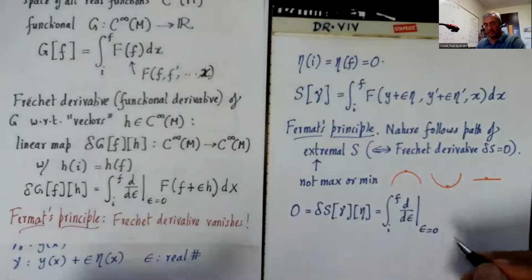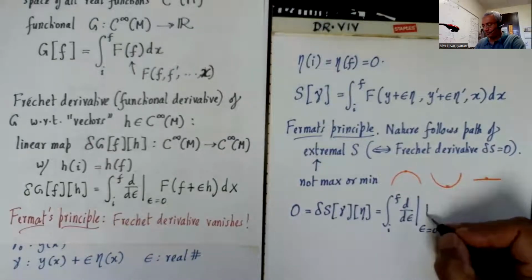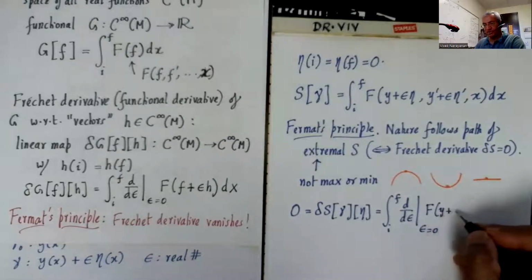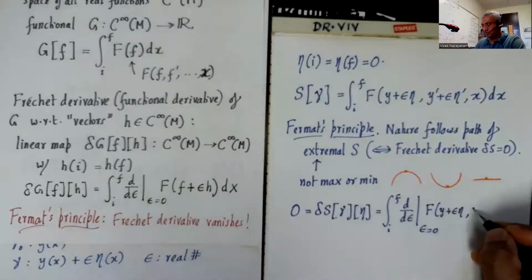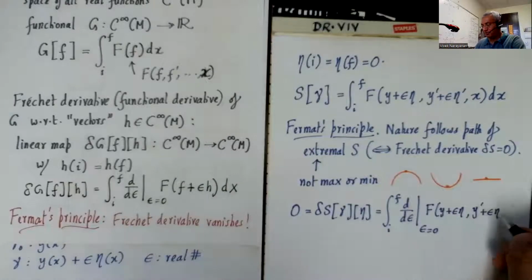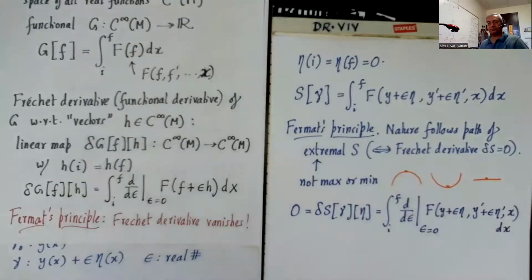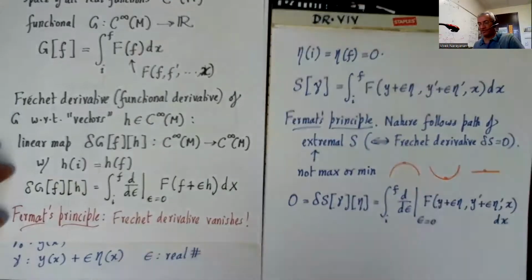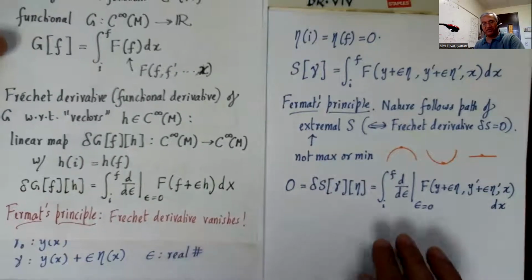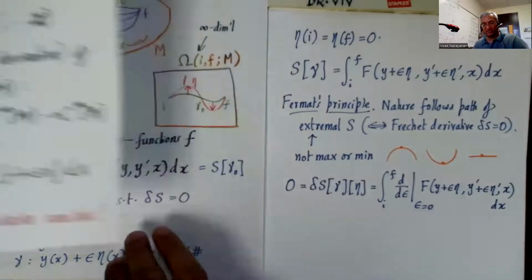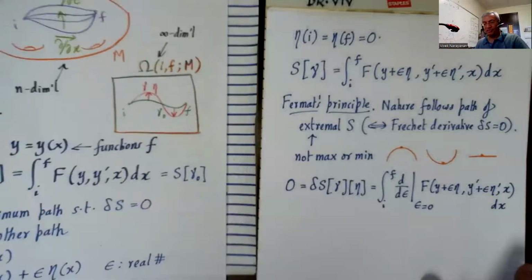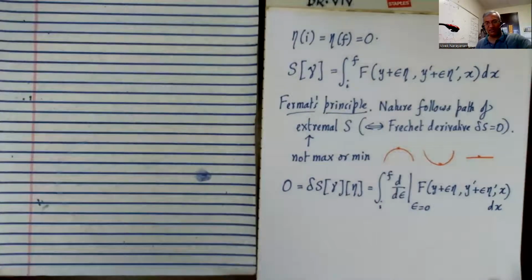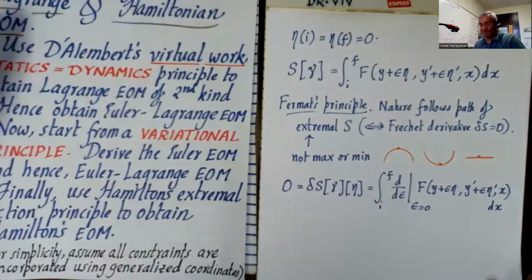I'm just following the prescription of F of y plus epsilon eta, y prime plus epsilon eta prime, x dx. All I've got to do is that derivative, and that's fairly simple. So let's do that next.